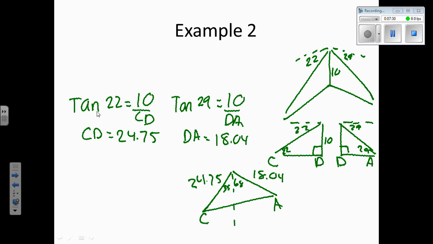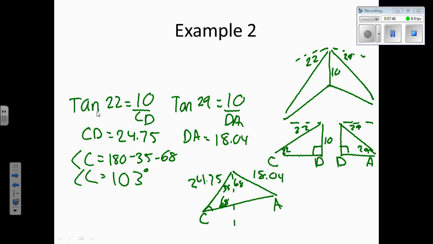Since I know that is a parallel line, then I can say that this is 68 degrees. So then my angle C is going to be 180 subtract 35 subtract 68. So that angle is going to be 103 degrees.